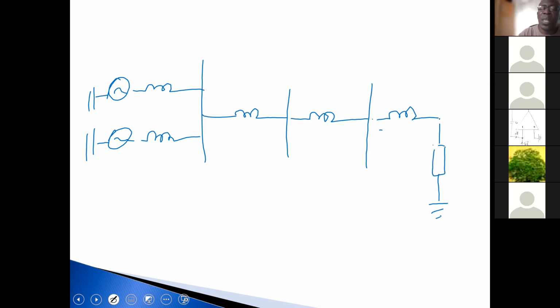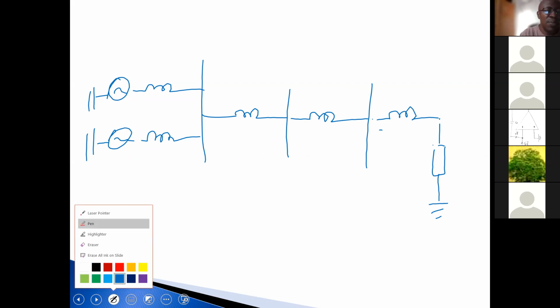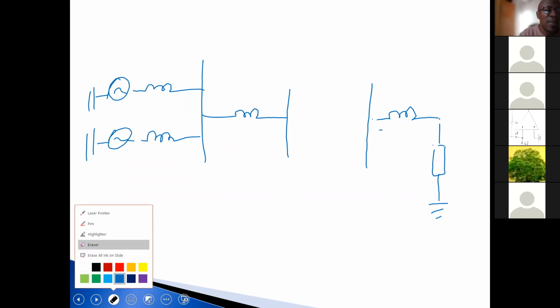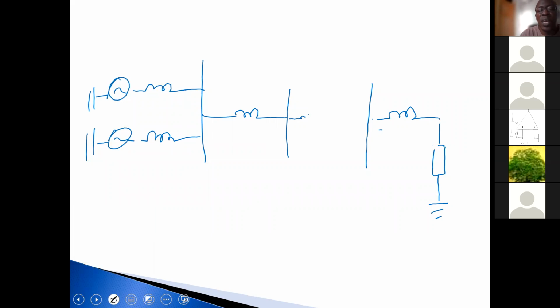The fault is in the middle of the line. So just to make life simpler, I'm going to put 2 reactances to represent half of the line. So the fault is here. So you'd be looking in here for the reactance. You with me?